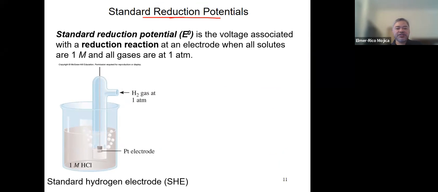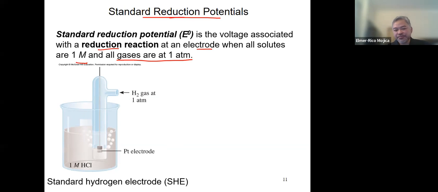This is the voltage associated with a reduction reaction at an electrode when all solutes are 1 molar and all gases are 1 atmosphere. So this is where gases come in. It's not that all the electrolytes are solutions. There are instances that they're gas.